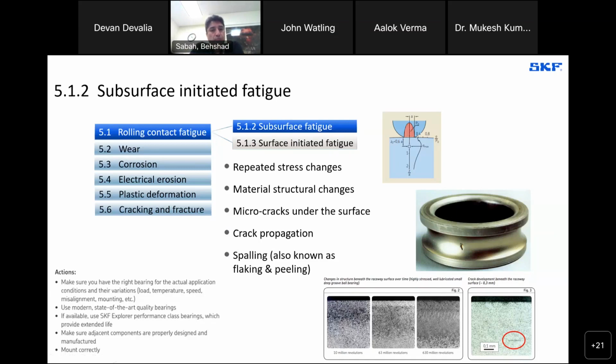Likely they were running at a much higher speed, Behzad, because they're not going to wait 122 days to cut bearings and see the change in the microstructure of the steel. So it's highly stressed, higher speed than 3600 in the lab, so they can get the result as soon as possible.